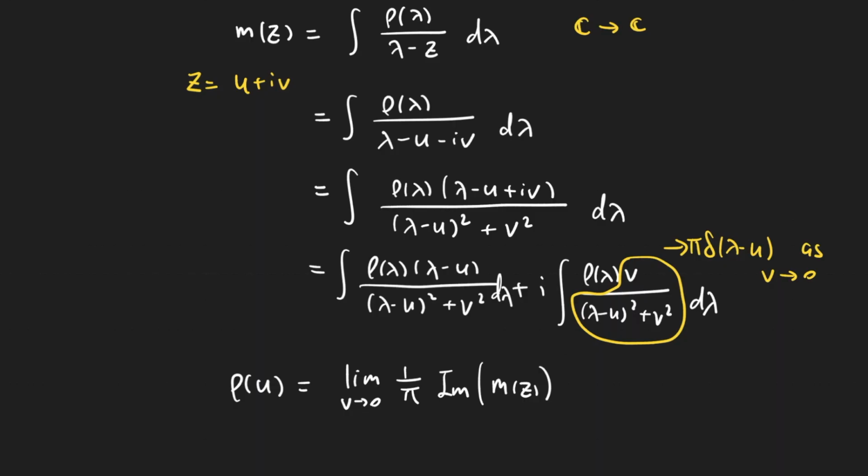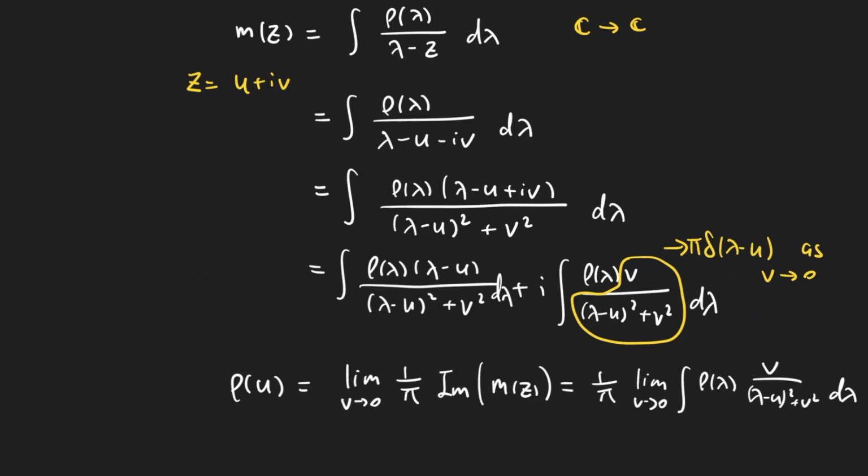So you can see that using this integral and the property of the delta function, this just equals 1 over pi, the limit as v goes to 0, times the integral of rho of lambda times v over lambda minus u squared plus v squared d lambda.